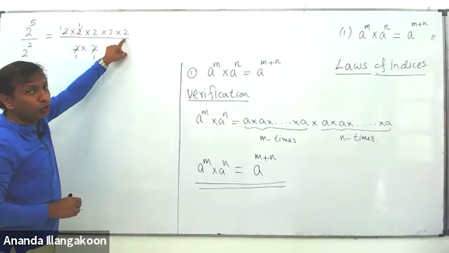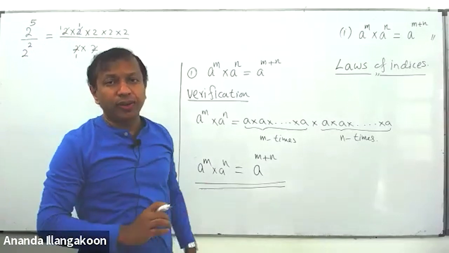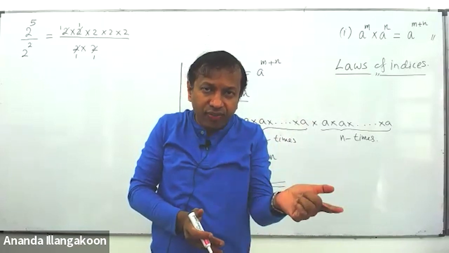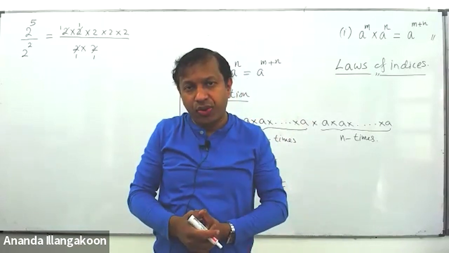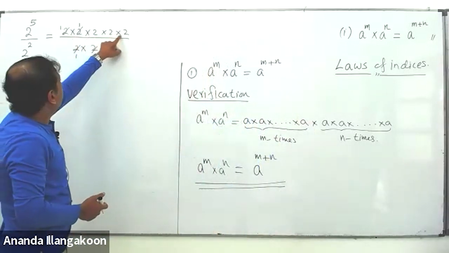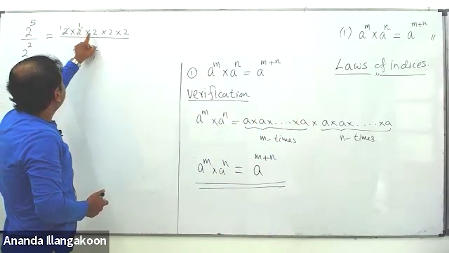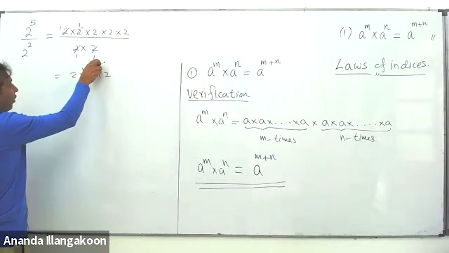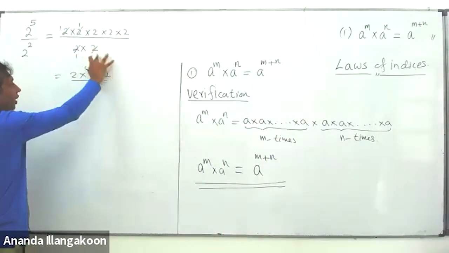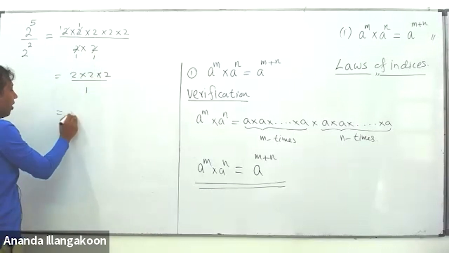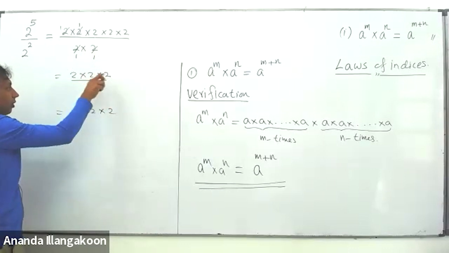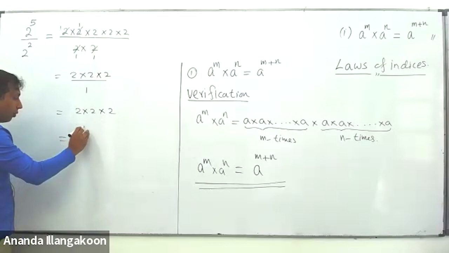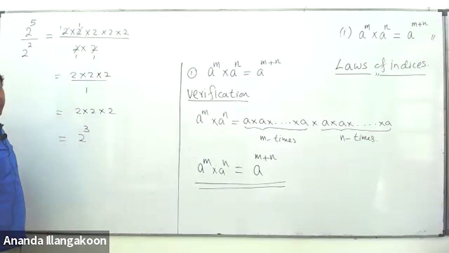When you multiply any number by 1, that number won't change. For instance, 10, when you multiply by 1, does it change? No. So 2, 2, 2 multiplied by 1 into 1 doesn't change this answer. And when we divide something by 1, again that number won't change. Then this 2 repeats 3 times, so you can write this as 2 to the power 3.